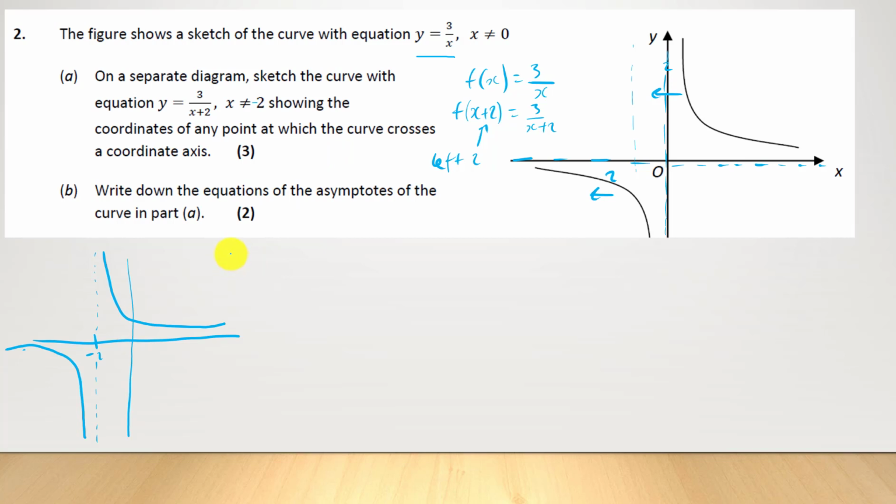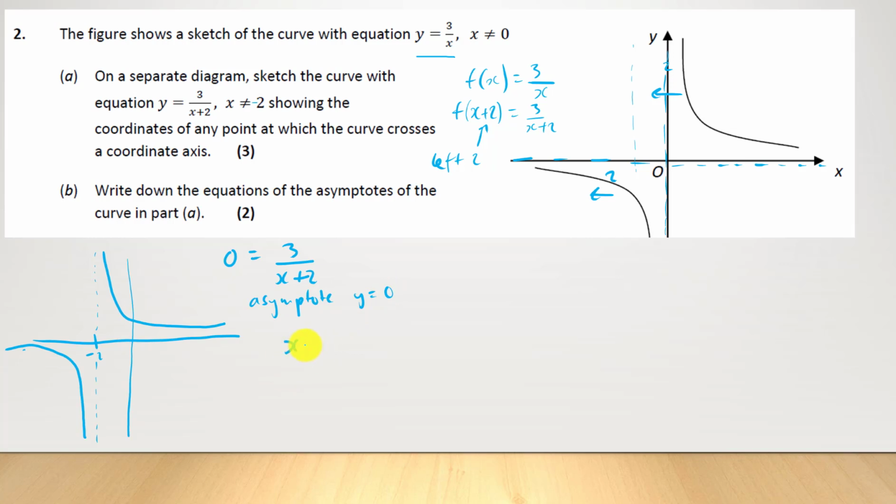So when y equals 0, you get 3 over x plus 2. Now that's not going to cross because we multiply by x plus 2, and that's not going to touch. We know the asymptote is at y. So that's not going to touch.